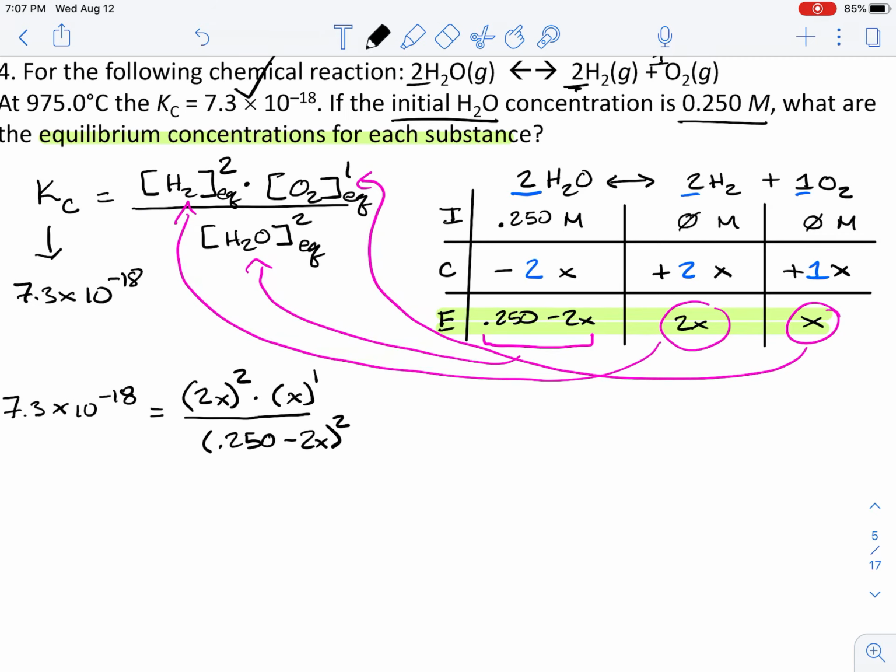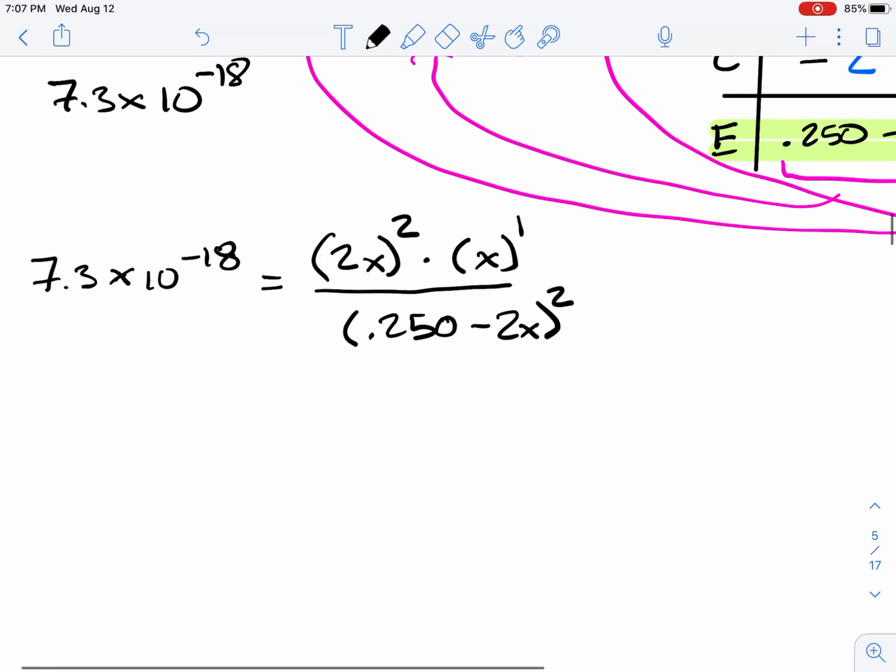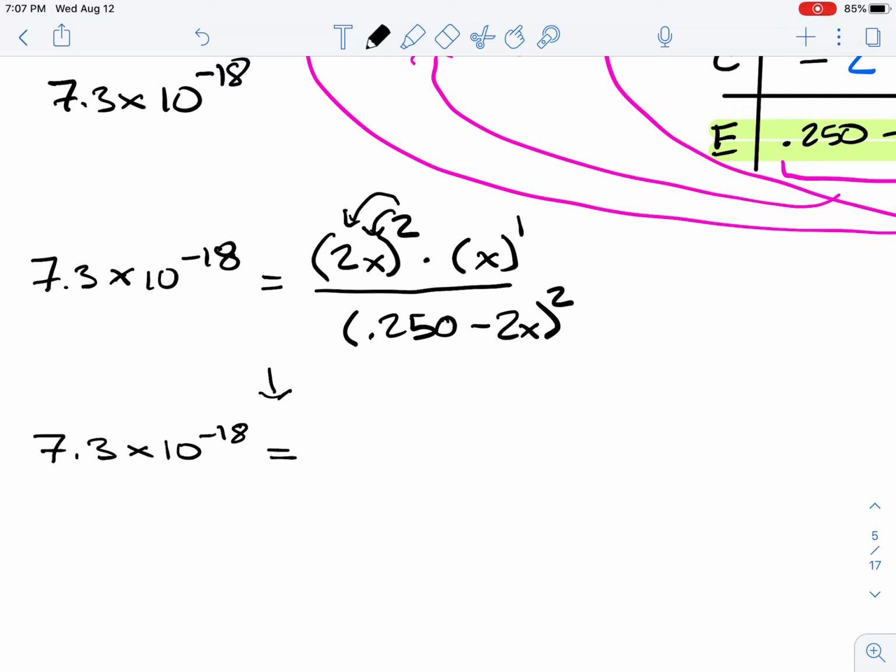Okay. All right, so let's go ahead and simplify this. So what we get is 7.3 times 10 to the negative 18. That's going to equal, so we're going to go ahead and distribute it to every single one of those terms. So 2 squared is 4, and then x squared is x squared, times this by x.